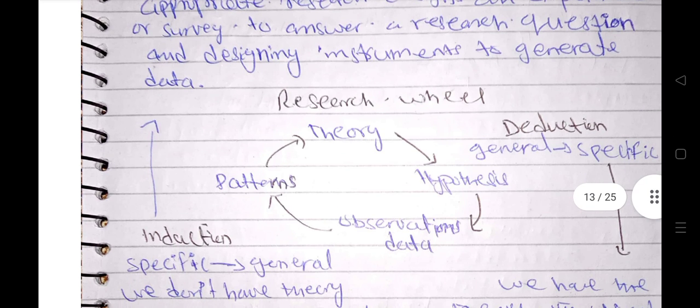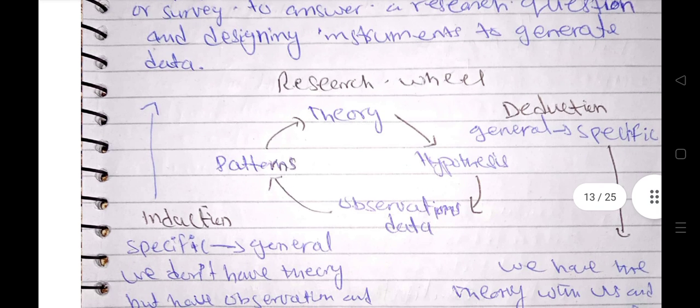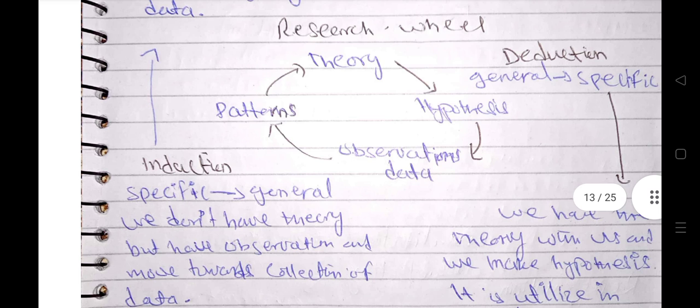So this is called the research wheel, right? These four processes make a wheel, and this is called the research wheel. First we have theory, hypothesis, observation, and patterns. In this research wheel, we have two types of reasoning that are used in our research: inductive reasoning and deductive reasoning.